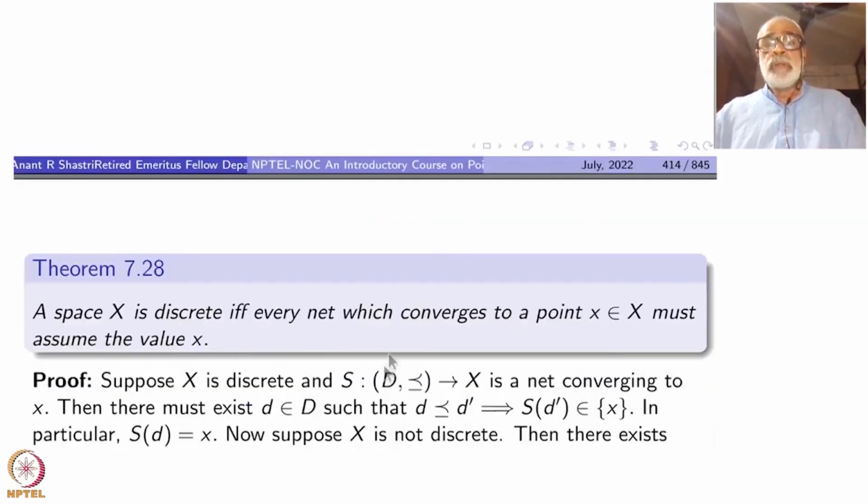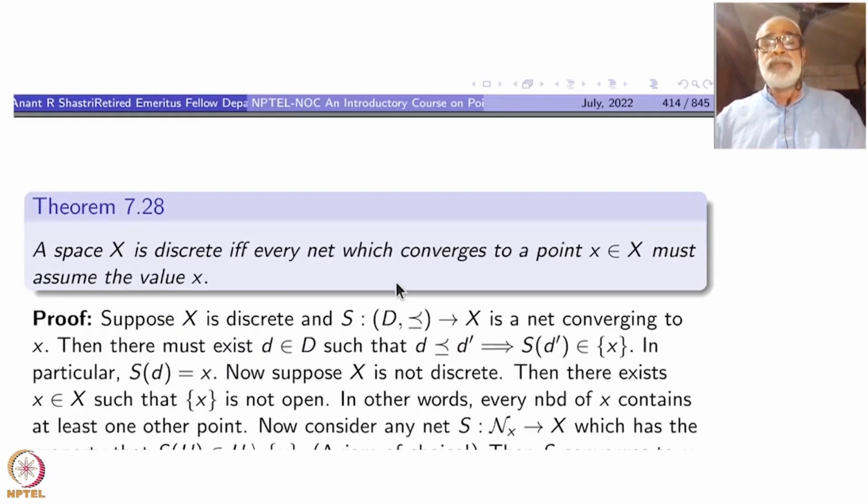So what is the role of a net here? The net, on the other hand, has this property: a space X is discrete if and only if every net which converges to a point x must assume the value x. That's all. But don't say eventually constant and so on. Just assuming the value.